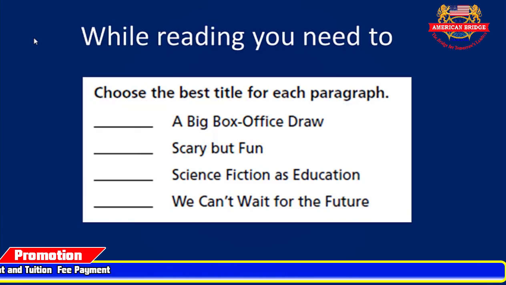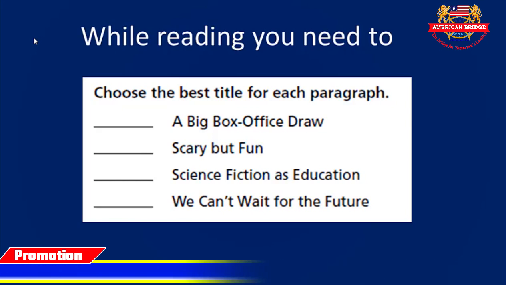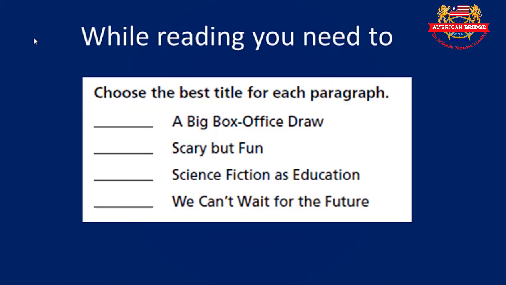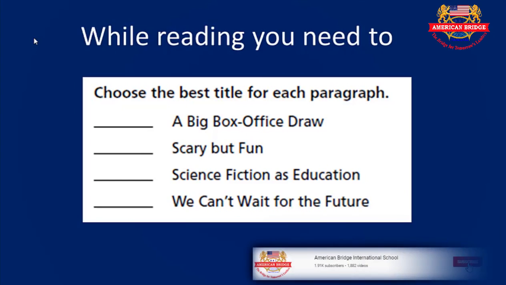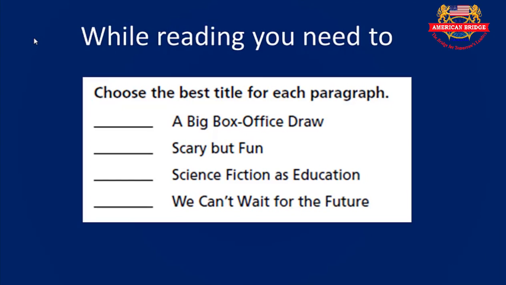On that page you will see the title, Why Do We Love Science Fiction, the authentic text. Before you go through the reading, we have some comprehension questions. While you are reading, you have to recognize some parts in order to choose the paragraph that matches the title. First, we have a big box of withdrawal.